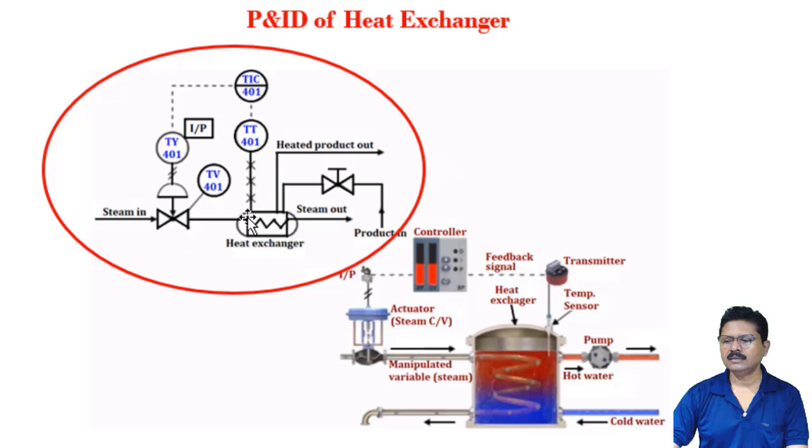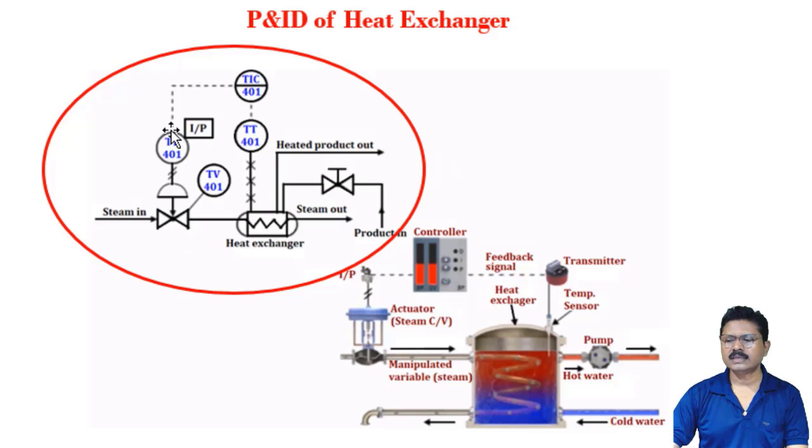What is happening here? The temperature of this heat exchanger is measured by this temperature transmitter 401. The temperature signal is the input of this controller, the temperature indicator controller. According to this signal, it gives a particular signal. This dotted line indicates that this is an electrical signal.